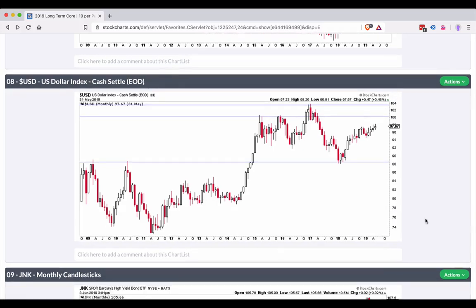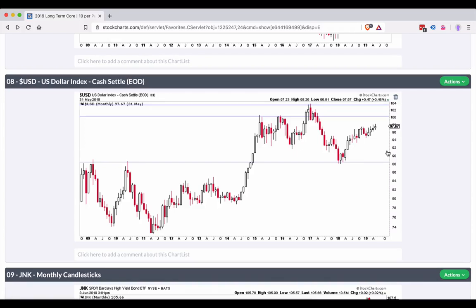Now, if we go down to the dollar here, the dollar's just continued to march happily to the upside. It's really been a fairly smooth ride. It is looking like it's having a little difficulty here with the 2018 highs around this 97 area, but for the most part, this grind higher continues. It's still very much in a sideways range when we look back to 2015 with highs around 100, and 2017 where we briefly got up to the 103, 104 area.